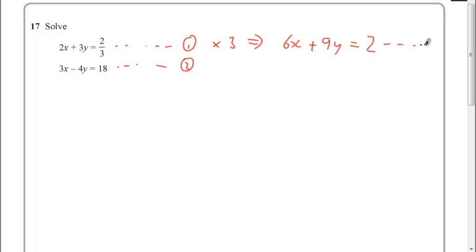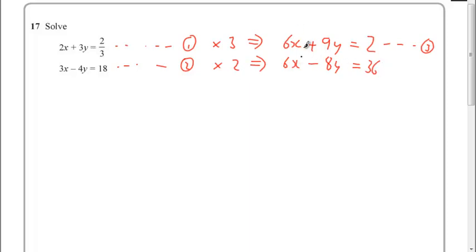And I'm going to call that equation 3. Now I'm timesing this one by 2. 2 times 3x, 6x. Minus, this time, 2 times 4y, 8y. 18 times 2, 36.